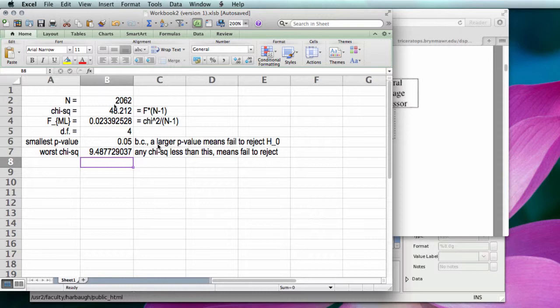All right, so I'm going to do one more calculation. If I take this formula here, I could rewrite it one other way. What does my sample size equal? Technically, my sample size would equal chi-square divided by f, plus 1.